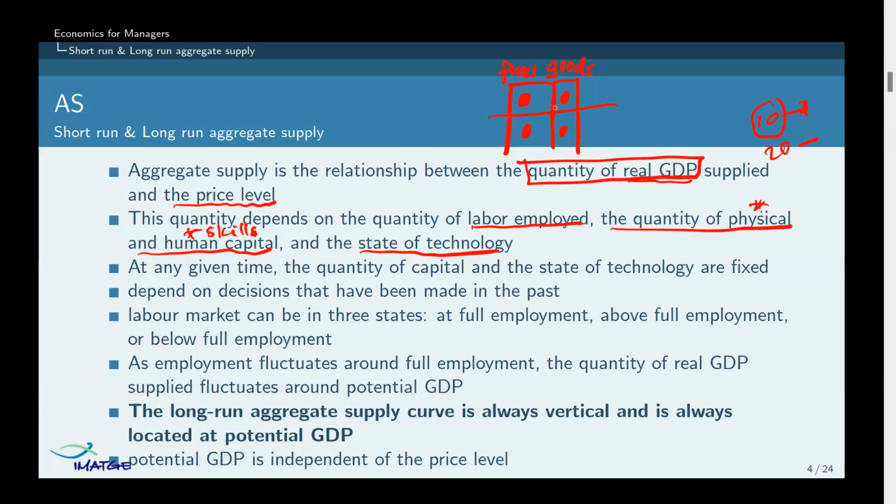But now with the coming in of technology, they can even buy a paver that is operated by only one person controlling the machine. That person is able to lay asphalt or tar on maybe 10 kilometers in a single day, which cannot be done by hand. I'm just trying to show you how technology can be a key determinant of the quantity of output that is produced in the economy.